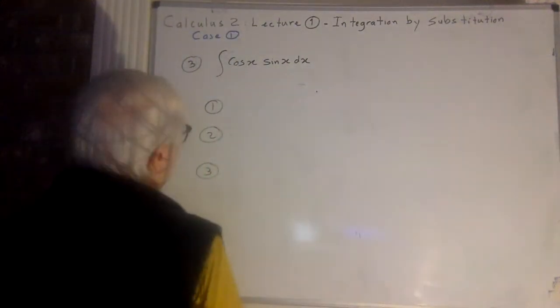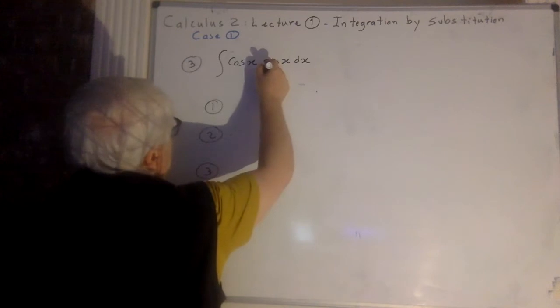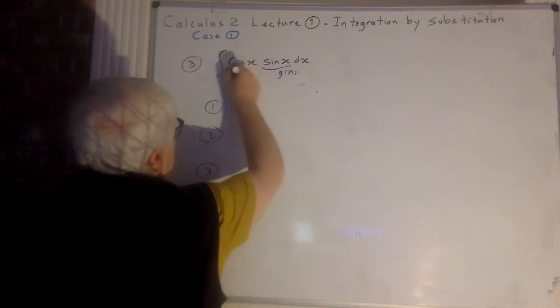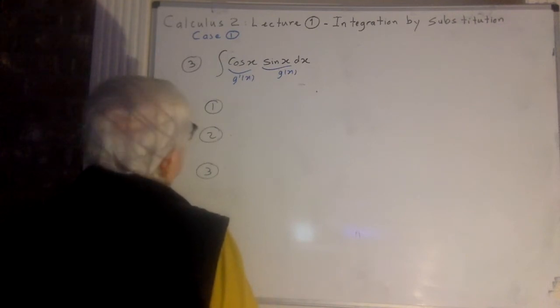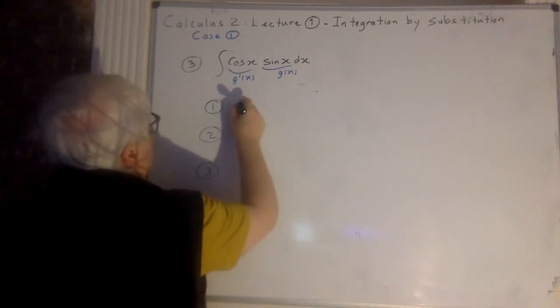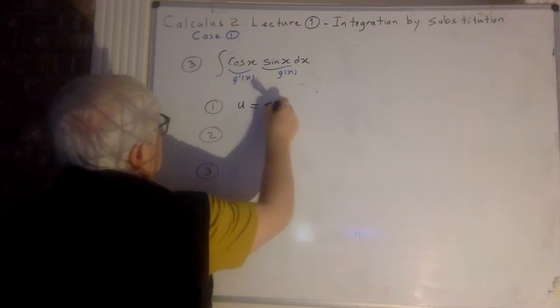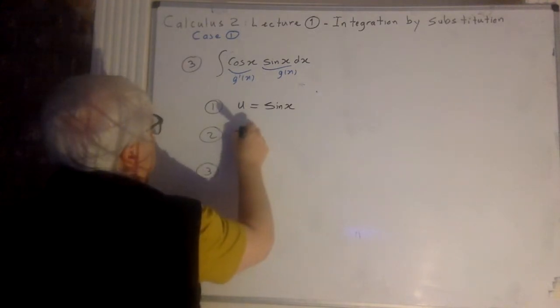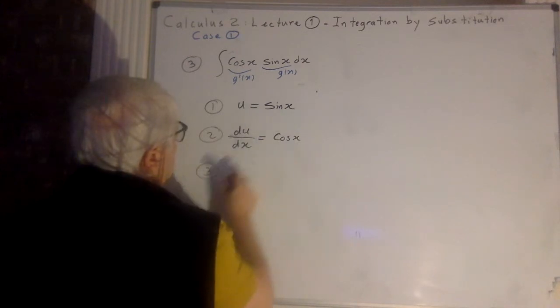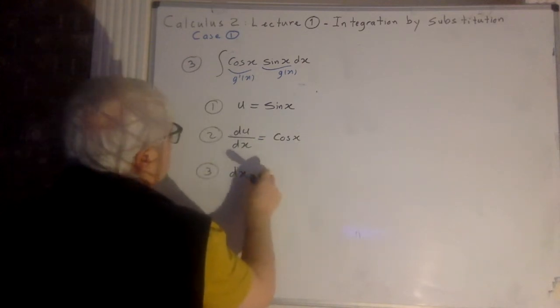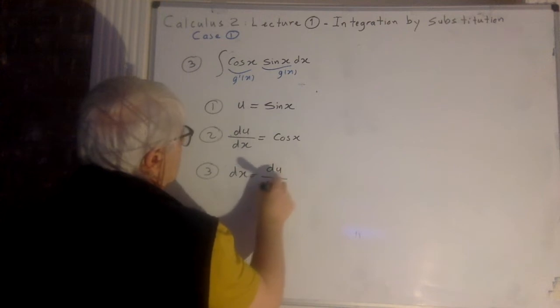Well, you recognize that this is the g x and the g prime x exactly. So let's see. Let u be sine x, then du dx is cosine x, and then dx is simply du over cosine x.